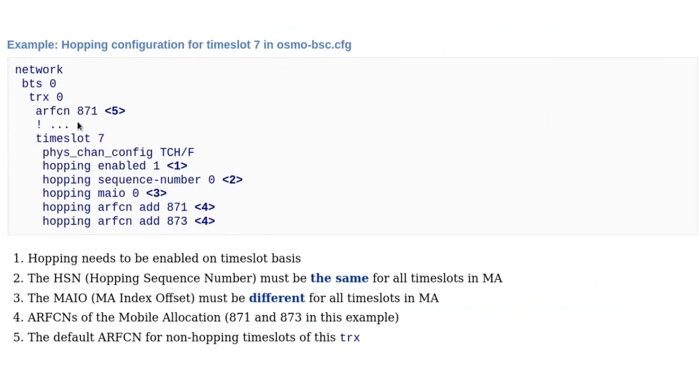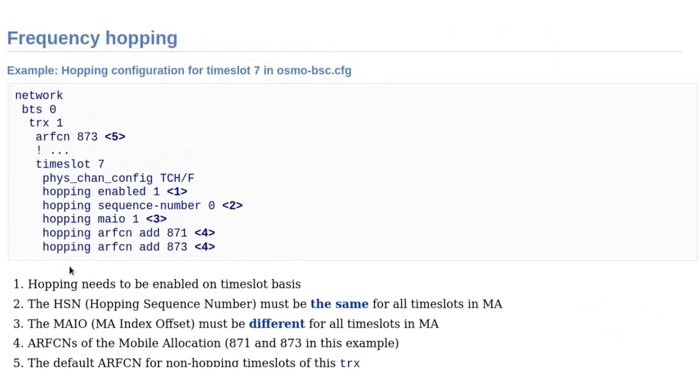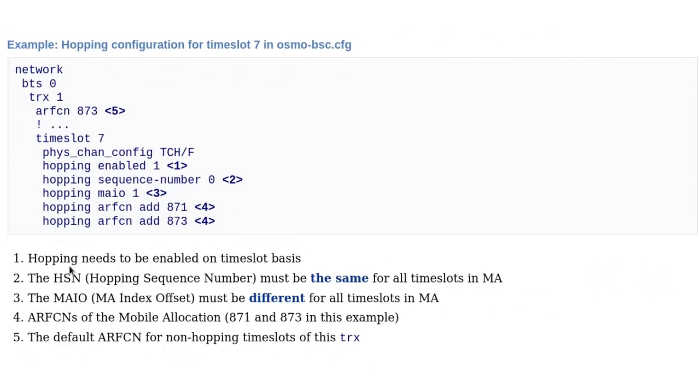You go to this section and enable the hopping itself, and configure the sequence number and the offset for the hopping sequence generation. You have to explicitly list all the carriers, all the channel numbers that are involved in the hopping. And you do the same for all time slots that are involved.